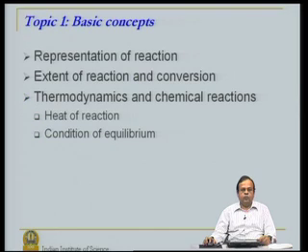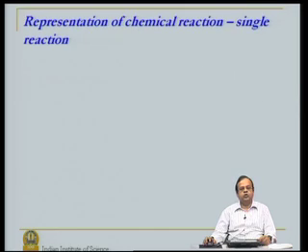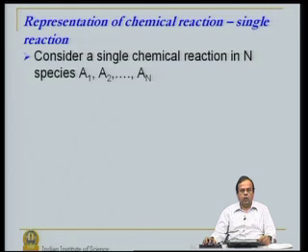So, let us start with the representation of a chemical reaction, and we will start with the simplest possible case, namely a single reaction. Since we want to keep our discussion a little general, as I said, I will start with a general definition, and then I will go back to specific examples, and we will keep going back and forth, so that we are together.